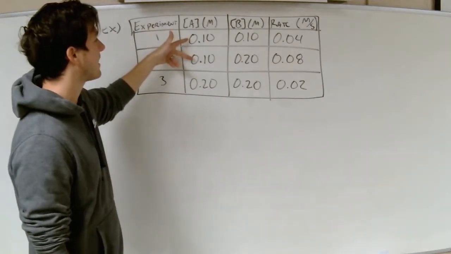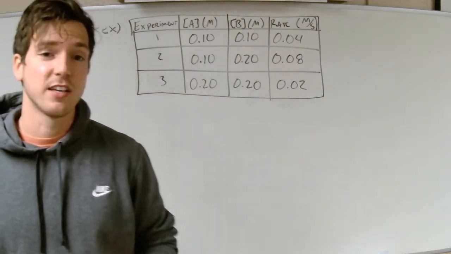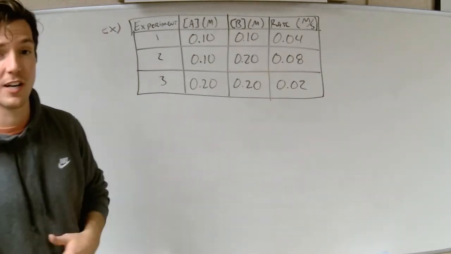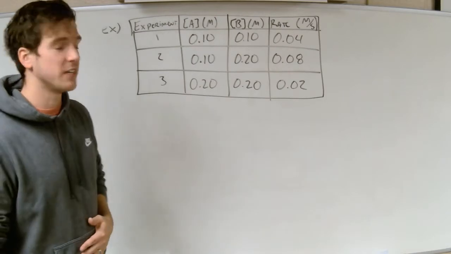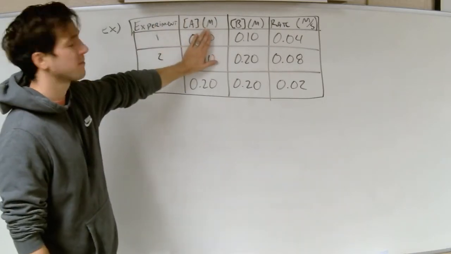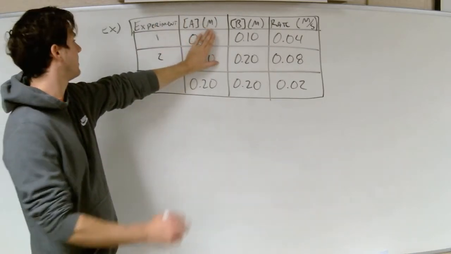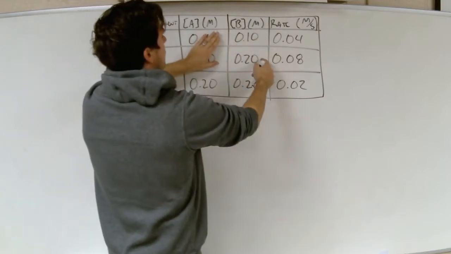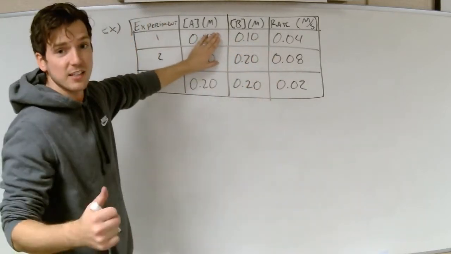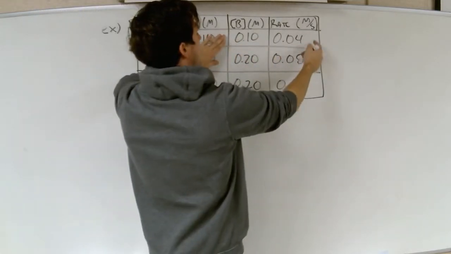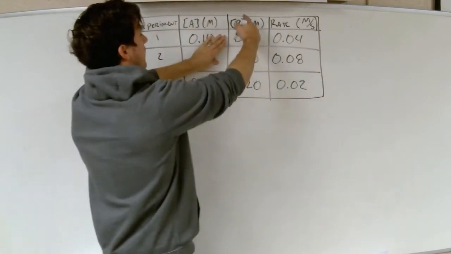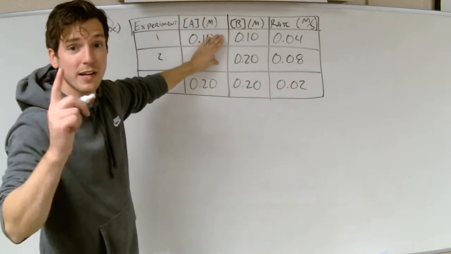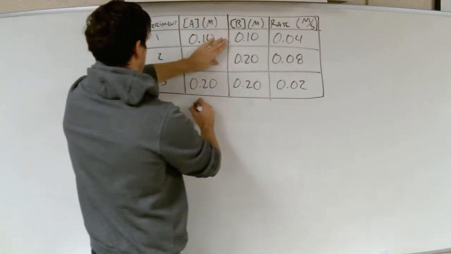So that means that this did not affect the rate at all, because it was kept the same the whole time. So we will ignore those two concentrations completely and just focus on the change in concentration and the change in the rate for reactant B. So right now we are focusing on reactant B.